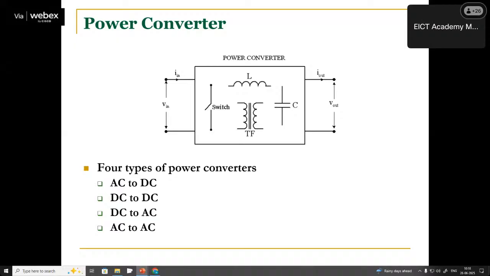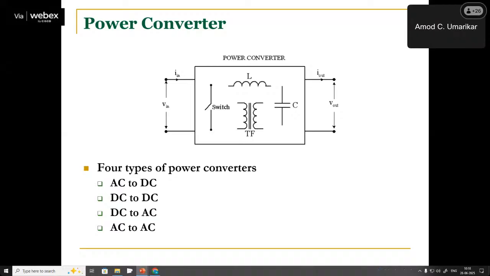Passive elements? Passive elements will always be there. Inductor? No. I am asking, out of these four components, switch, L, C, and transformer, which will be the component that will be there by default in the power converter? Other components may be there, may not be there. Switch. Yes, switch, exactly.